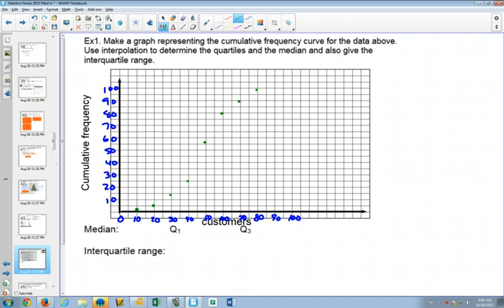And 100, right before 90. And then we'll draw a smooth curve through all of these points. And that is our cumulative frequency curve.